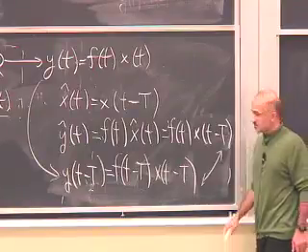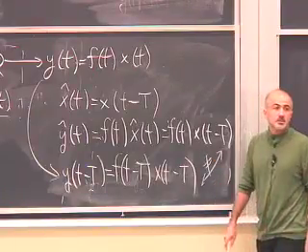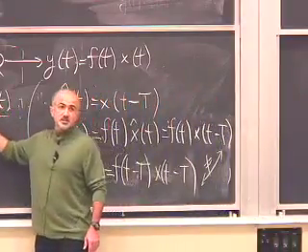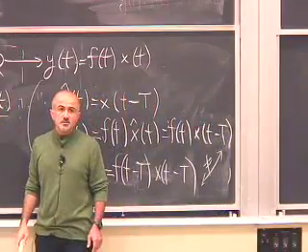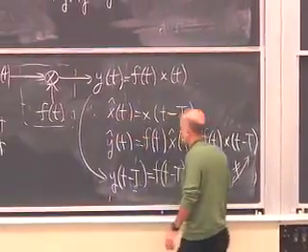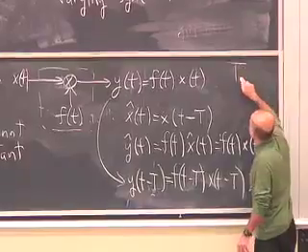If f is not a constant signal, they're not equal. If f is a constant signal, then it just becomes a scalar multiplication. Obviously, that's time invariant, just like the constant resistance. Okay? So this is time varying.